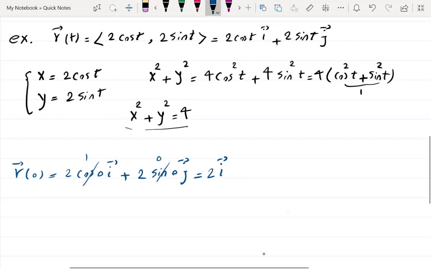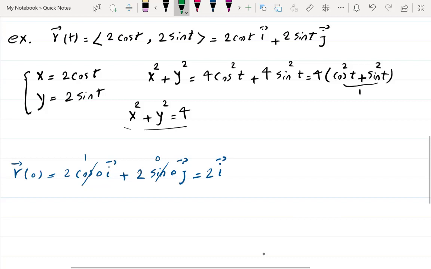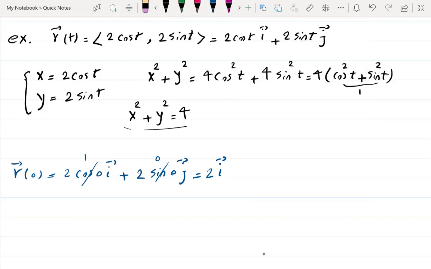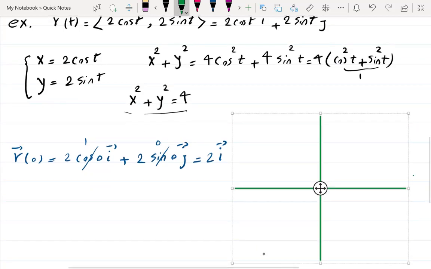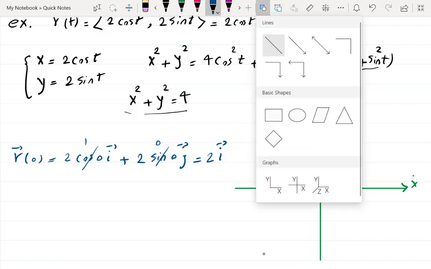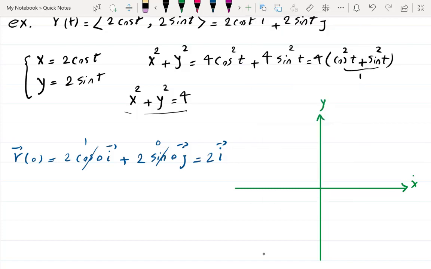Okay, it's needed to have the xy axes, x axis and y axis. 2i is this vector.